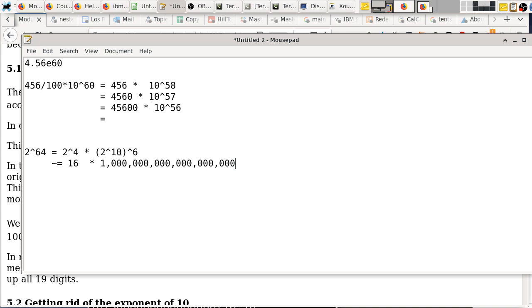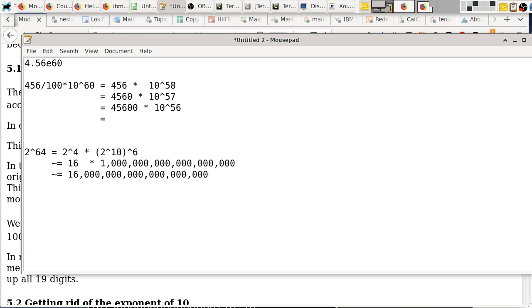Is that okay? So when you multiply this out, that means it is approximately equal to 16, and then followed by, guess what? The whole bunch of zeros that we saw earlier. There we go. Is that okay?